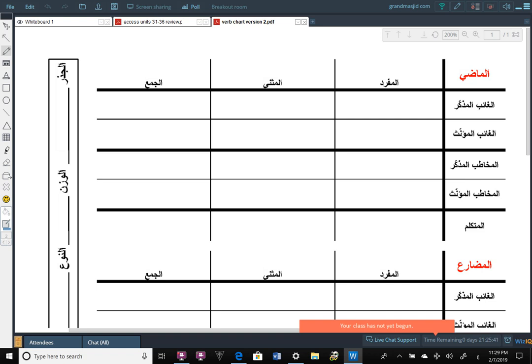And I ran this by one of my teachers and best friends, and I asked him to review one or two of the verbs that we've done, and he made some points that I'm going to make some minor changes here, and I'll explain as we go, inshallah ta'ala.